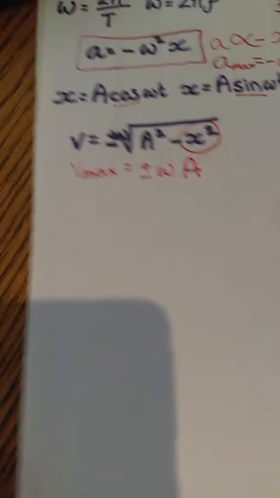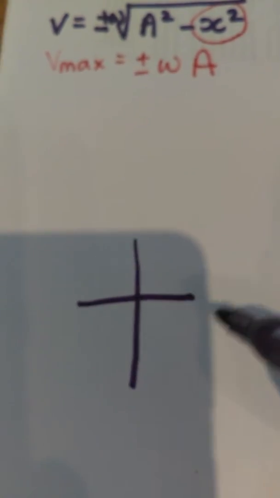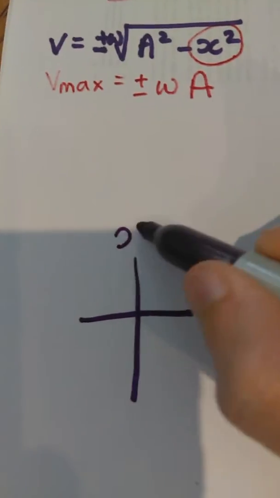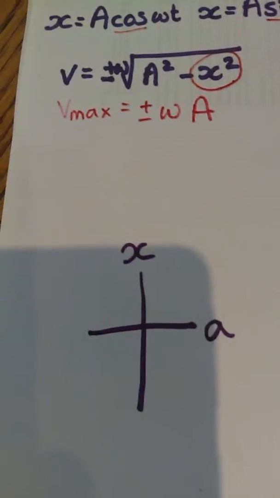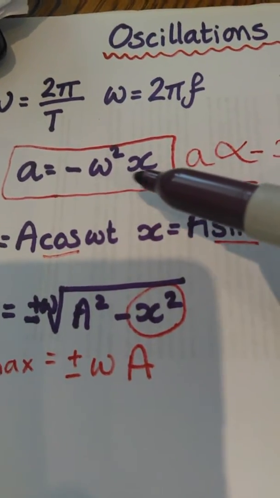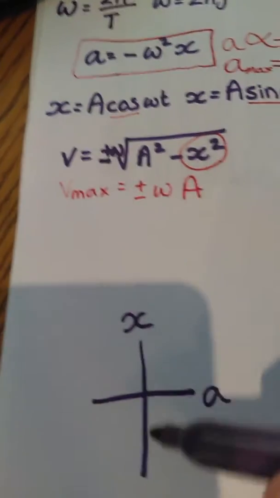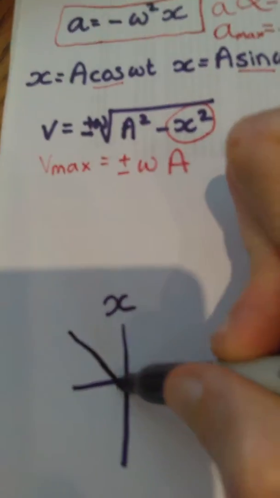The other three graphs that you might need, we have plotted these ones before as well, are looking at how different things are related. So if we had an acceleration displacement graph, because acceleration is proportional to negative displacement, what that would look like is a graph like that.